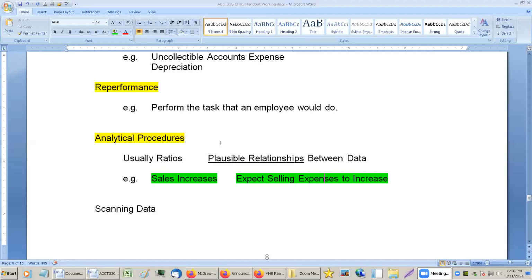About 95% of financial statement fraud is caught through analytical procedures, not because of themselves, but because they point you where to go. I think it varies between 90 and 99%, but let's say 95% of financial statement fraud is caught this way.